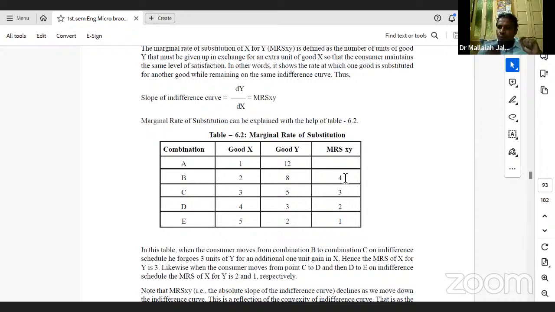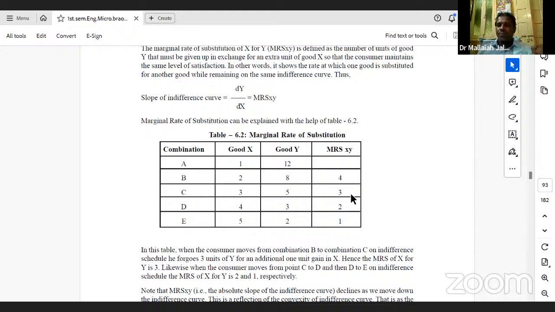For an increase of one commodity, how much Y commodity is lost? That is the marginal rate of substitution for X and Y. There are different combinations here. In C combination, again 1 is increased and Y has to decrease. So how much is the difference from 8 to 5? 3.